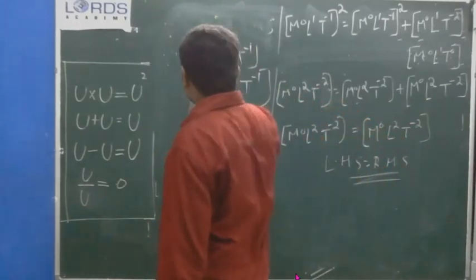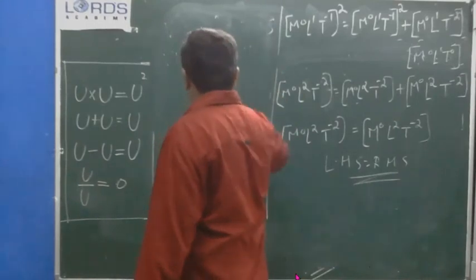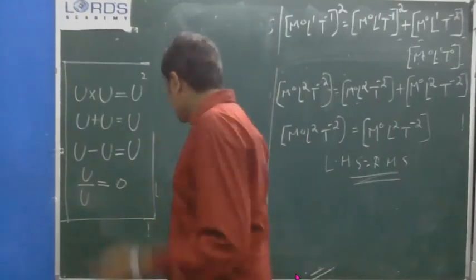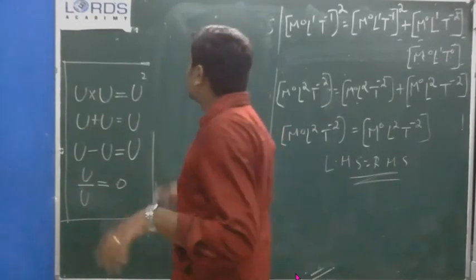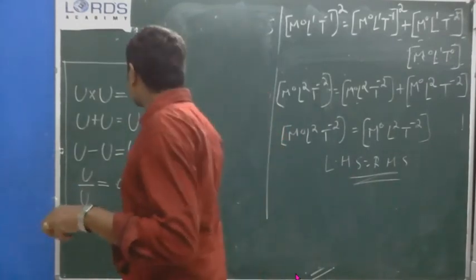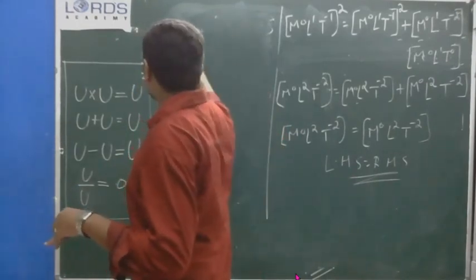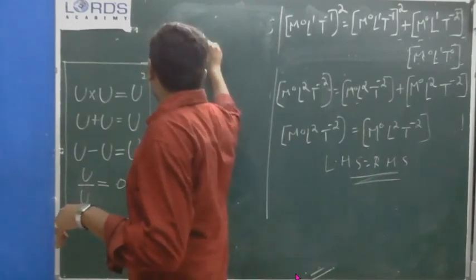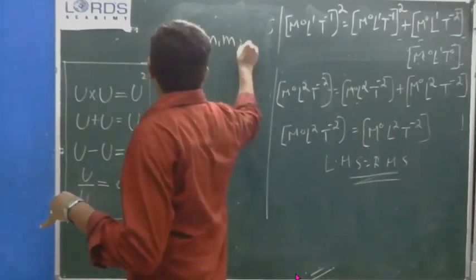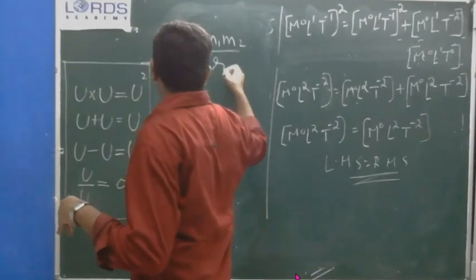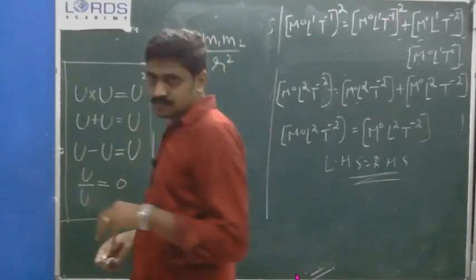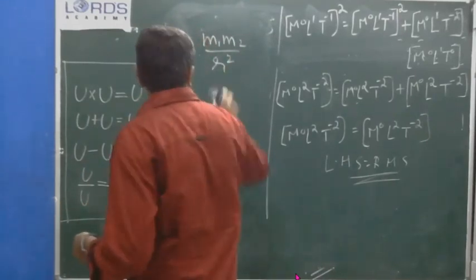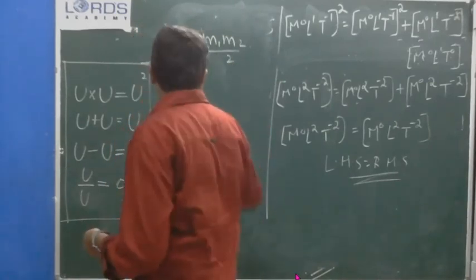Students, I'm going to erase the board. Now you have one more equation to solve. I think you are familiar with this equation: F equals G into M1 M2 divided by R square, or D square. I think you studied it with D square, D or R, whatever may be.